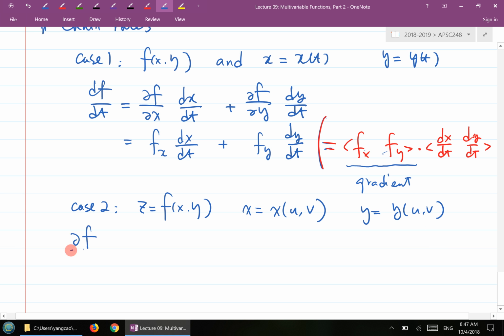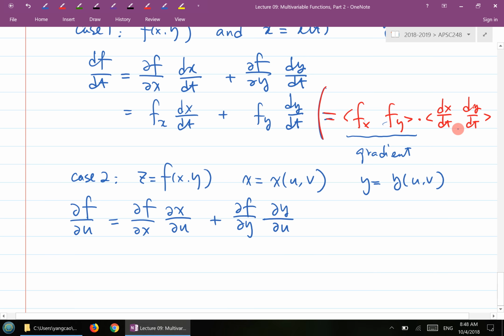And if we are going to calculate, for example, the partial derivative of f over u, then the chain rule in this case is take partial f over partial x first, and then partial x over partial u, plus partial f over partial y, and partial y over partial u. That's the chain rule when you have a function in chains like that.